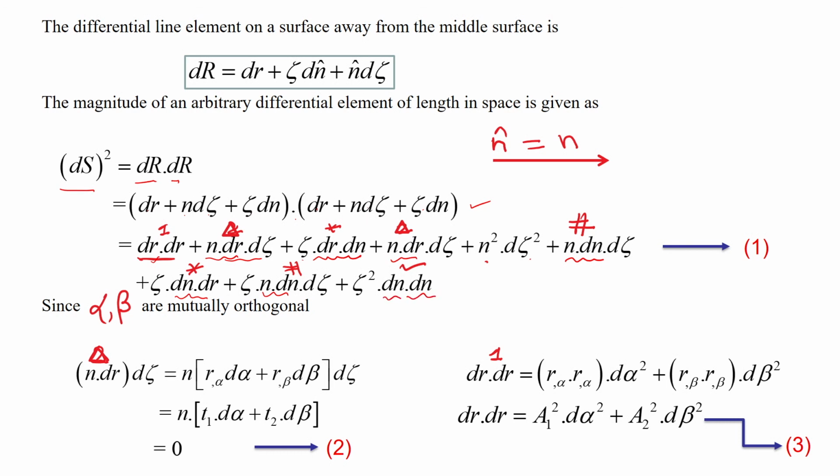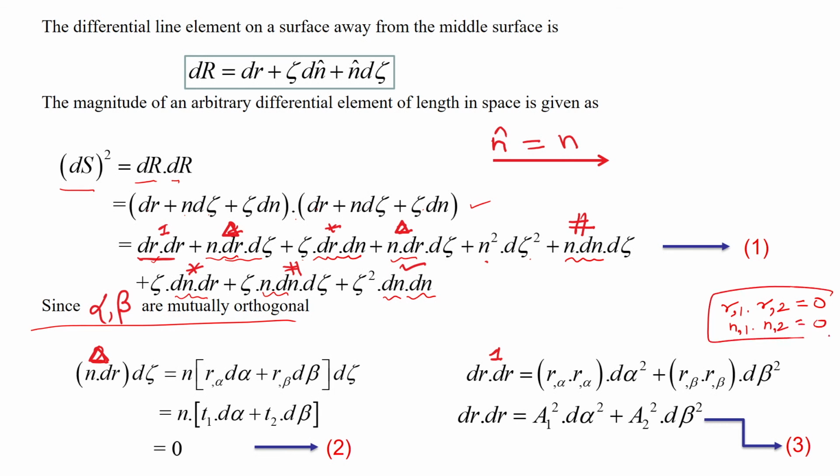So, we have to write explicitly here. Alpha and beta are mutually orthogonal, so it means that r comma 1 dot r comma 2 is going to be 0. Same way, n comma 1 dot n comma 2 is going to be 0.